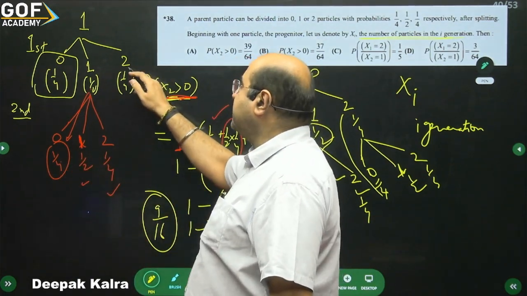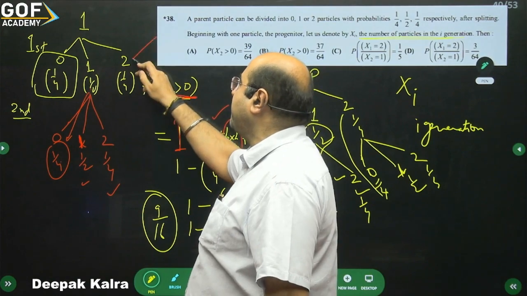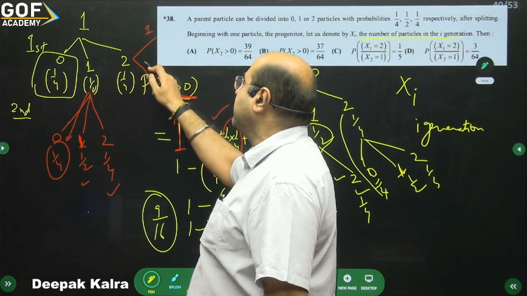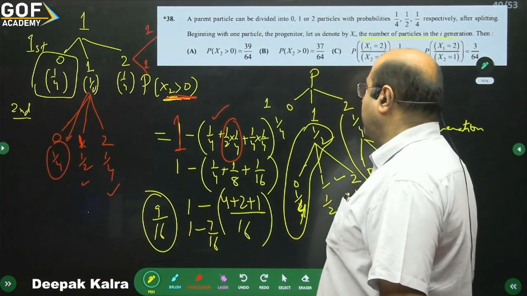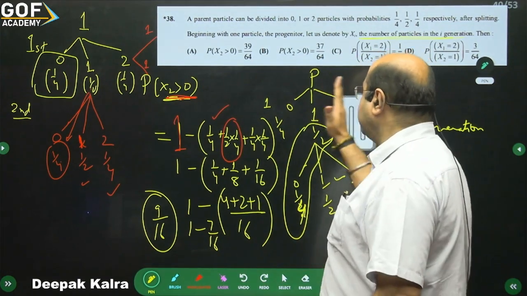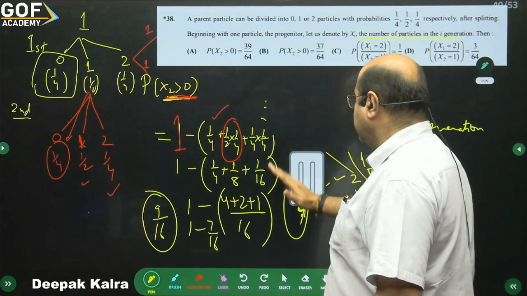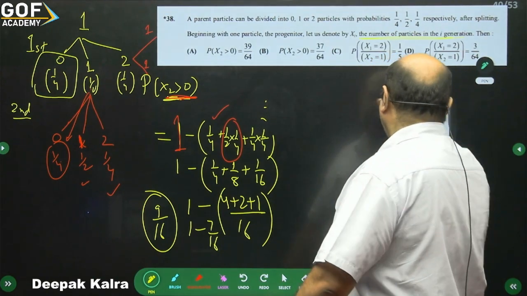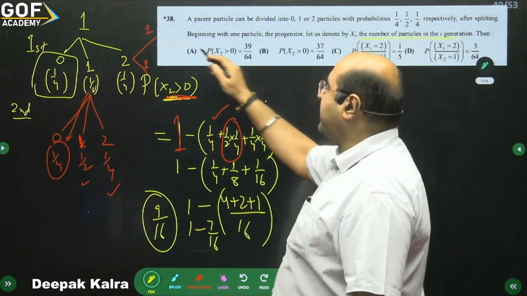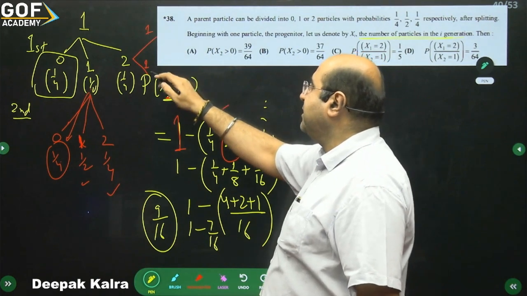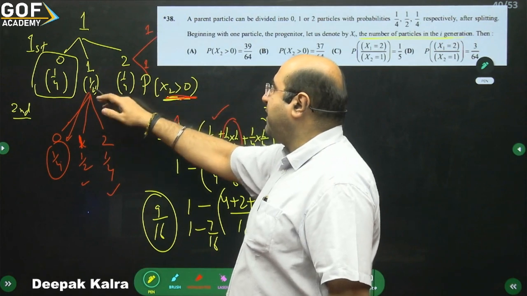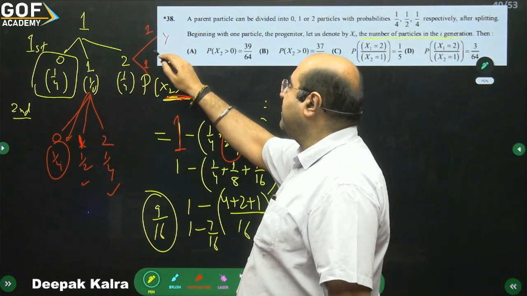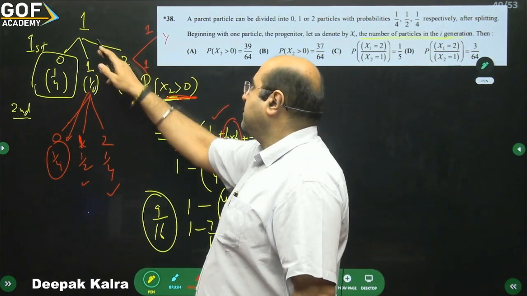Now in these 2 particles, again we have to go for 1 particle each separately. You understand? For 1 particle each, you have to go separately. I have to write for each particle separately. In what way? One particle taken up, I'll follow the same rule. This is 1 by 4.